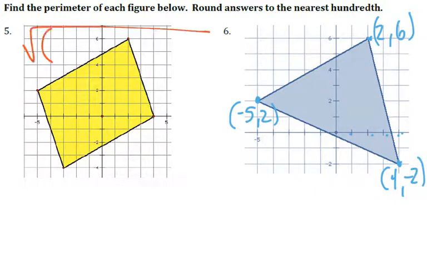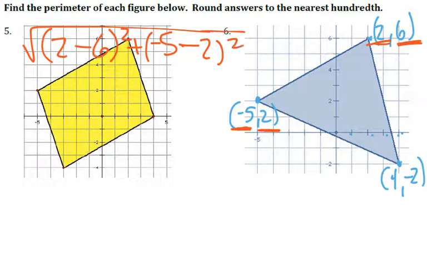So square root of a y value 2 minus another y value 6 squared. It doesn't matter which one you call y1 or y2 as long as they match. So notice that I did this y first and this y second. So this x has to be first minus this x has to be second.